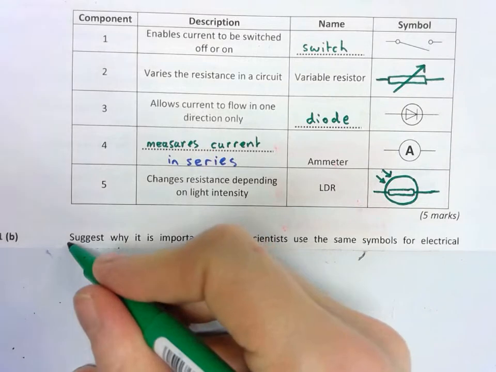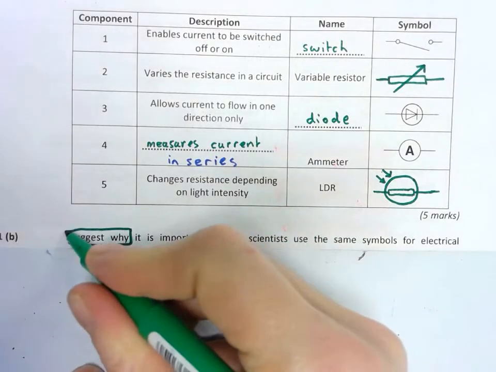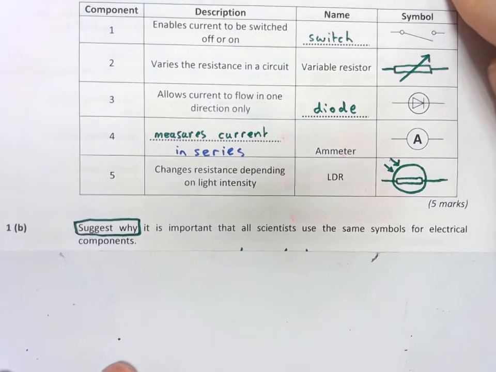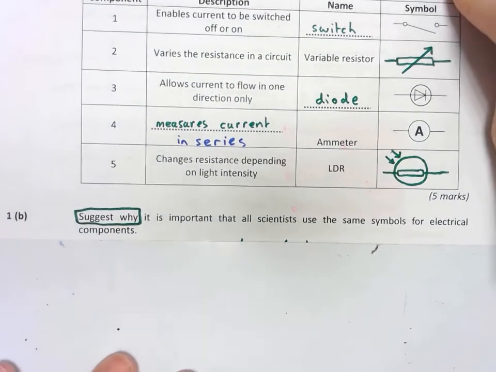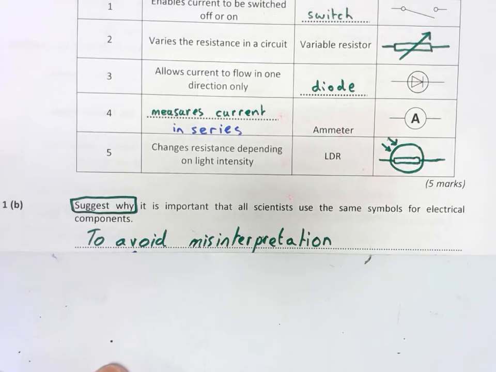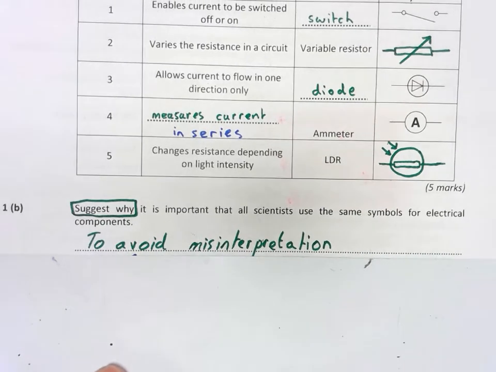Suggest why it is important that all scientists use the same symbols for electrical components. So I need to give a reason. And there's 2 things you could say here. The main thing is to say it's to avoid misinterpretation.